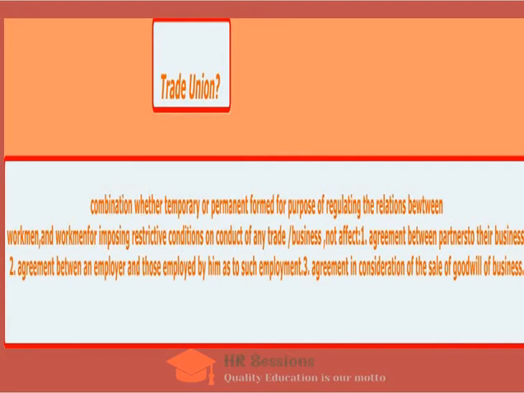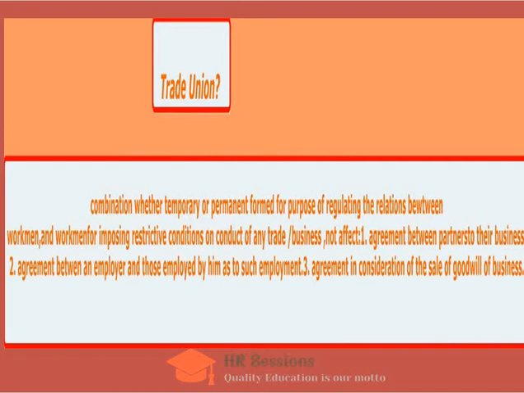Or I can say it is an agreement between the partners of the business, or an agreement between the employer and those employed with him as per the employment process. Not only this, it is also an agreement in consideration of the sale of the goodwill of a business.